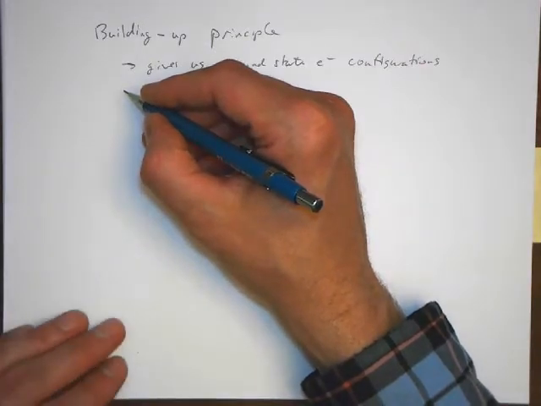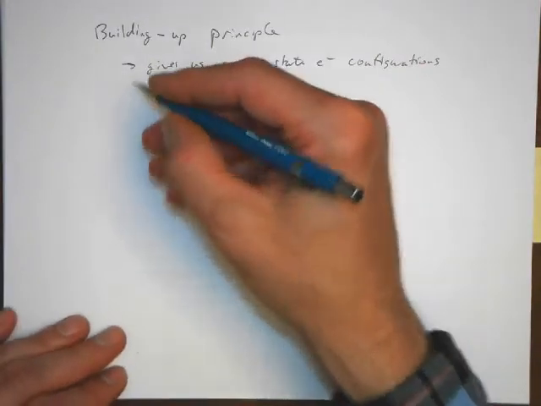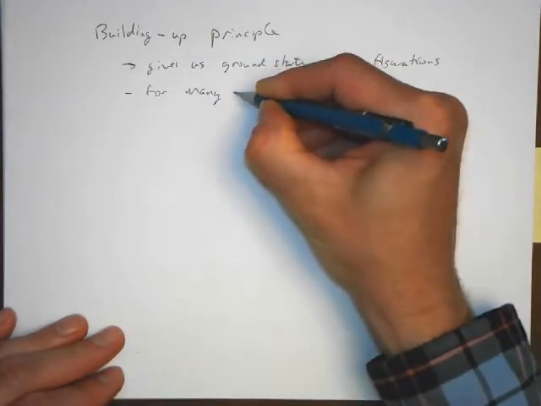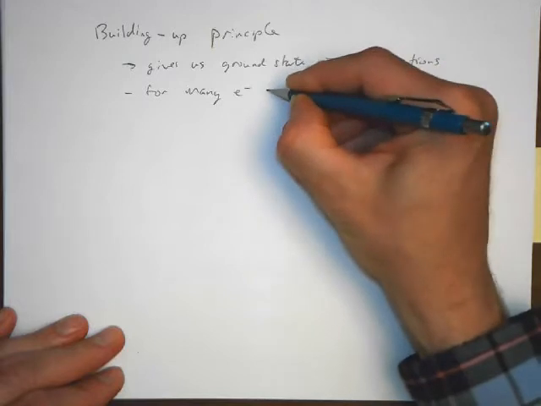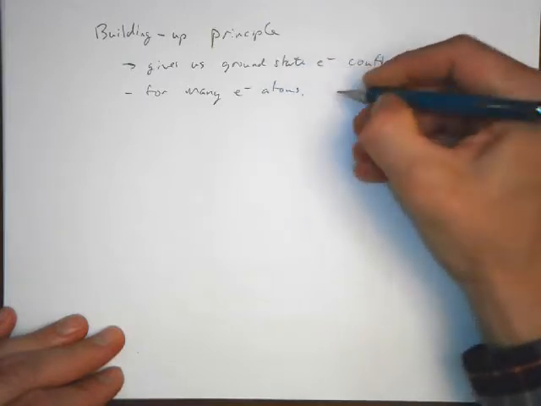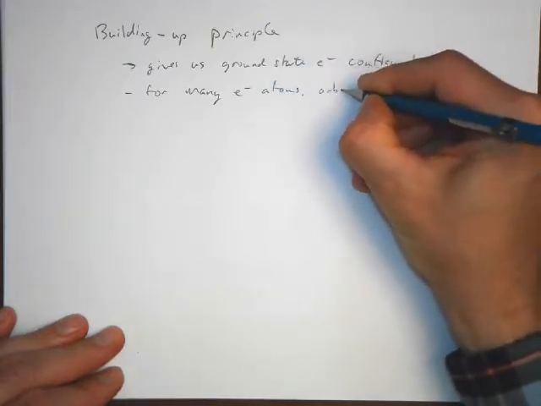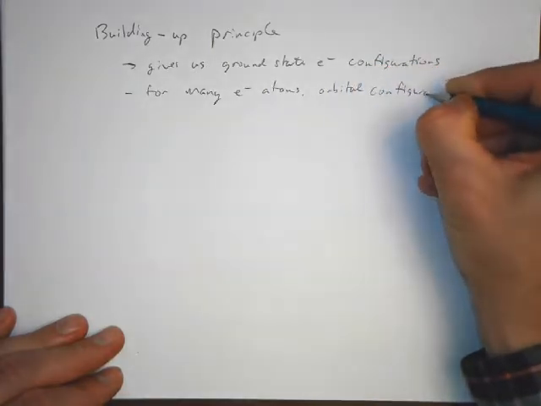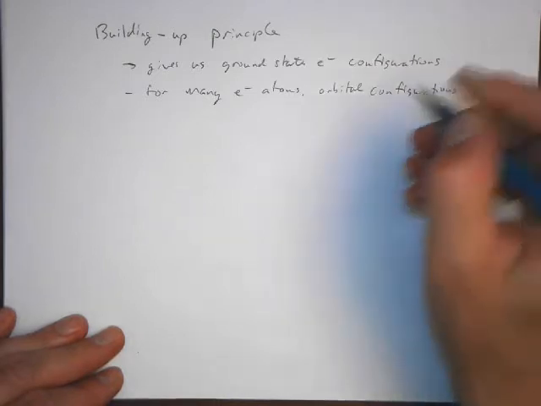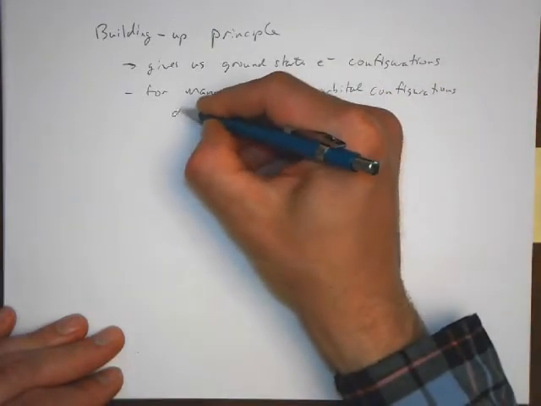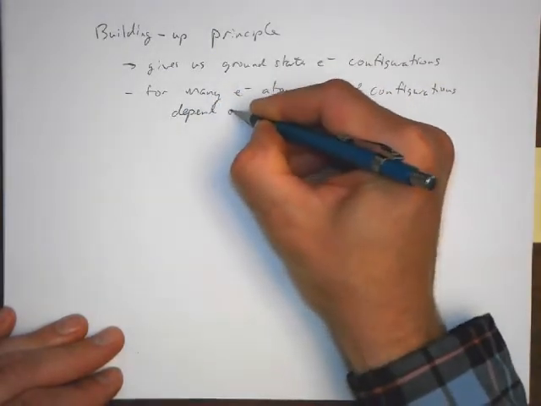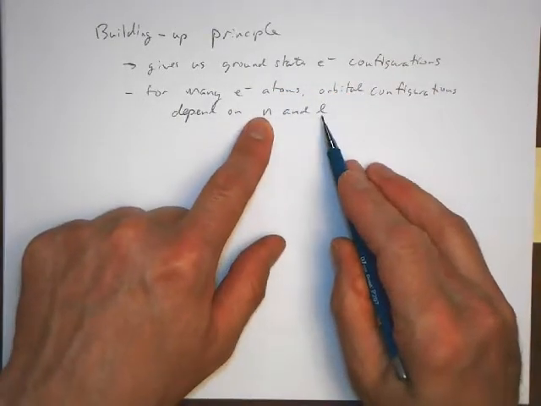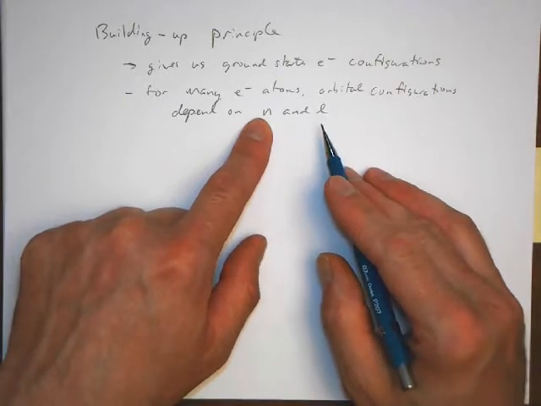What we have is the following. For many electron atoms, orbital configurations depend on n and l. So the principal quantum number and the shape quantum number.